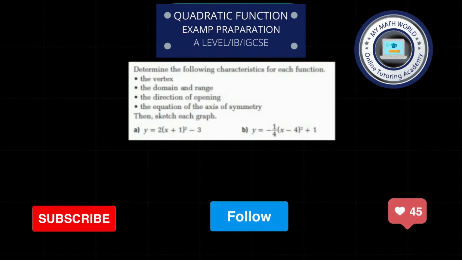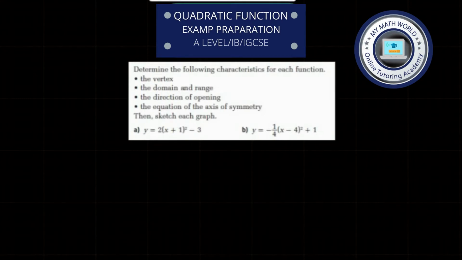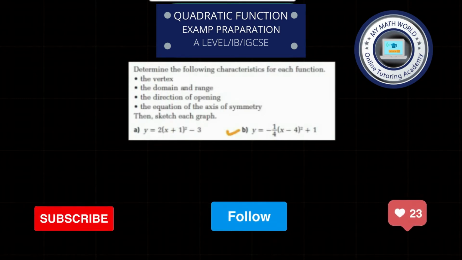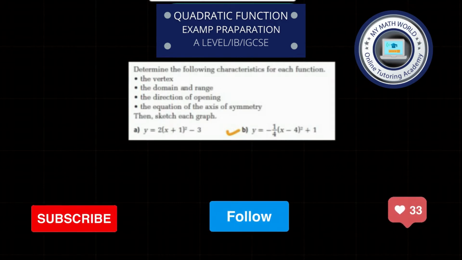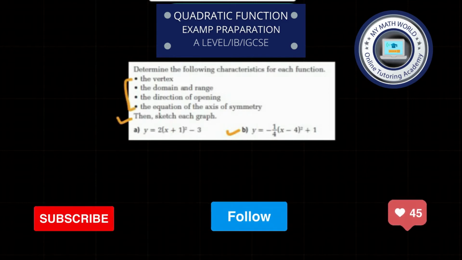In today's session we will solve the second example, part B, y is equal minus 1 over 4 times x minus 4 whole square plus 1. We will figure out the same parts: the vertex, domain and range, equation of axis of symmetry, and then sketching.